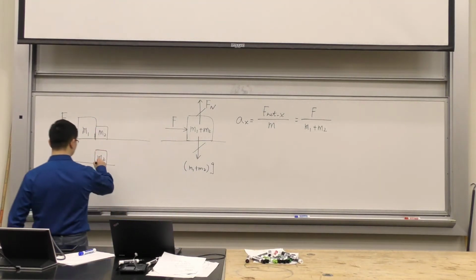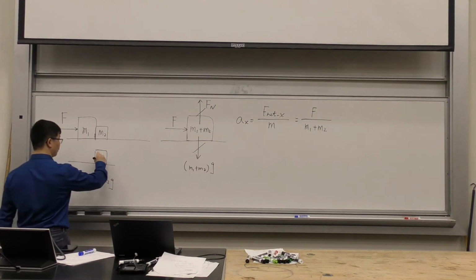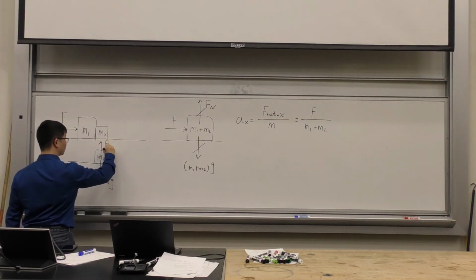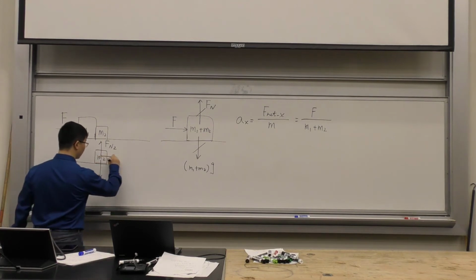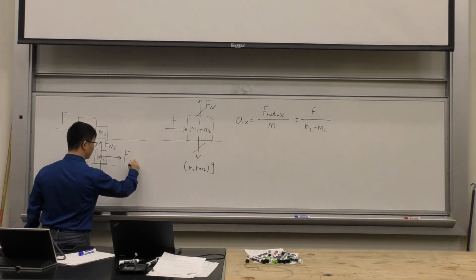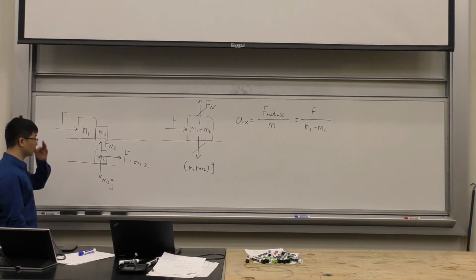So M2g down. Of course, M2 has a normal force, if I call it Fn2, and then M1 is pushing M2, and that's the force I want to find. So that's the force of M1 on M2, right? And there's no friction, so we don't need to draw any friction on M2.